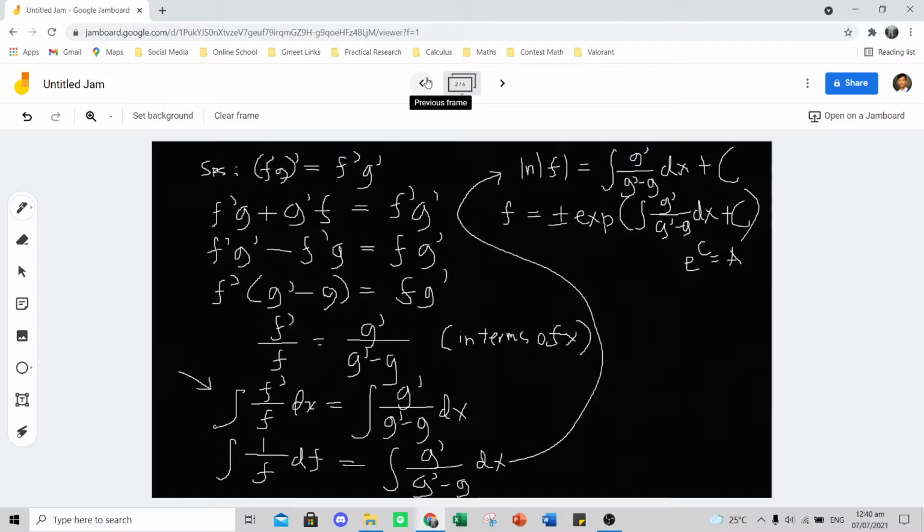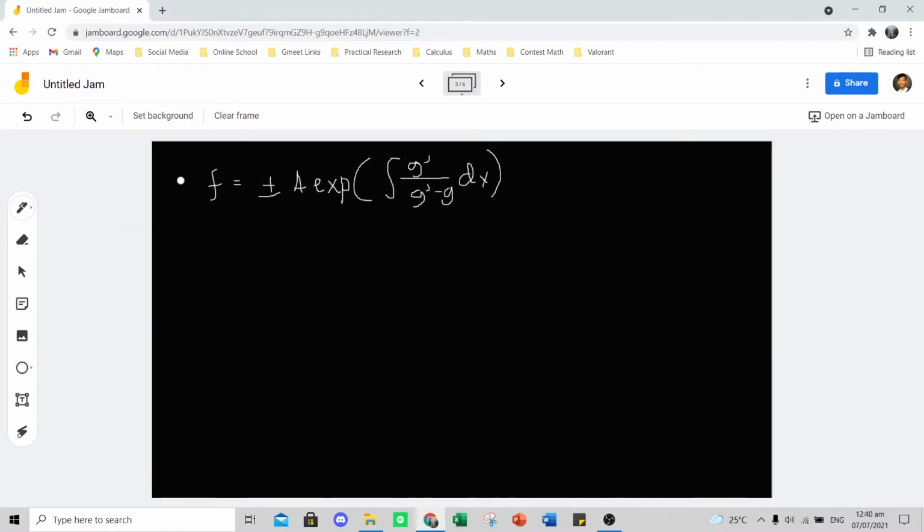And we can set g to be a fixed function because we're trying to solve for f. Let's say g is a fixed function, and by that I mean we can investigate g as a class of function.